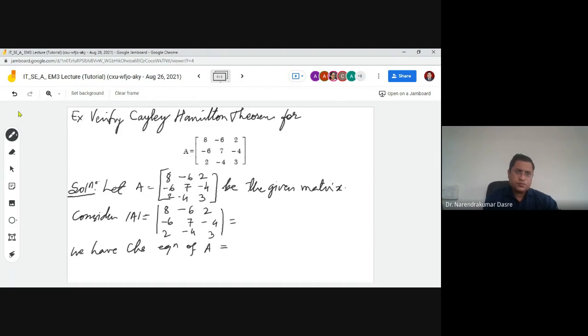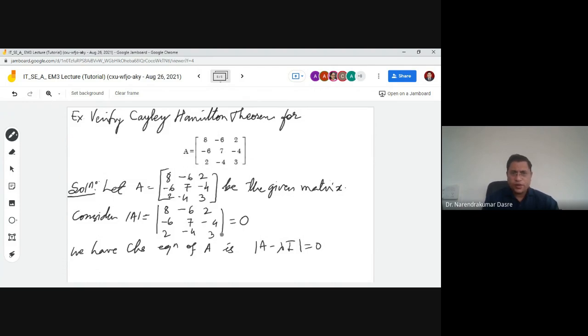Are you sure? Yes, sir. Okay, so you are getting determinant equal to 0. That makes our work easier because the determinant value is going to be 0.